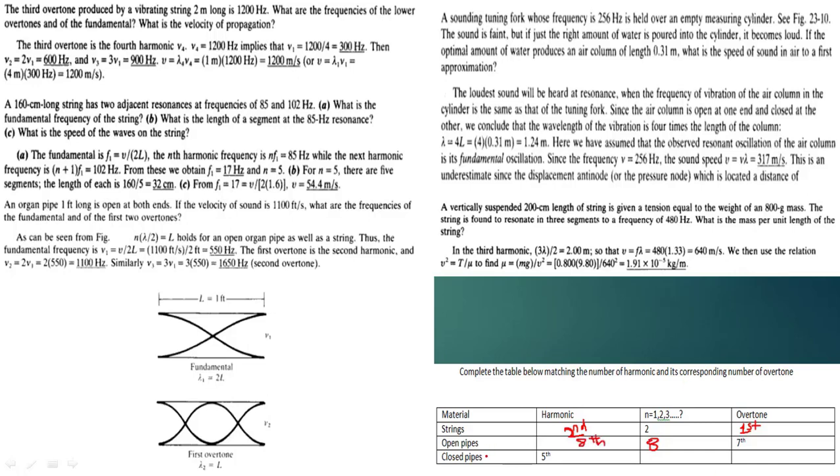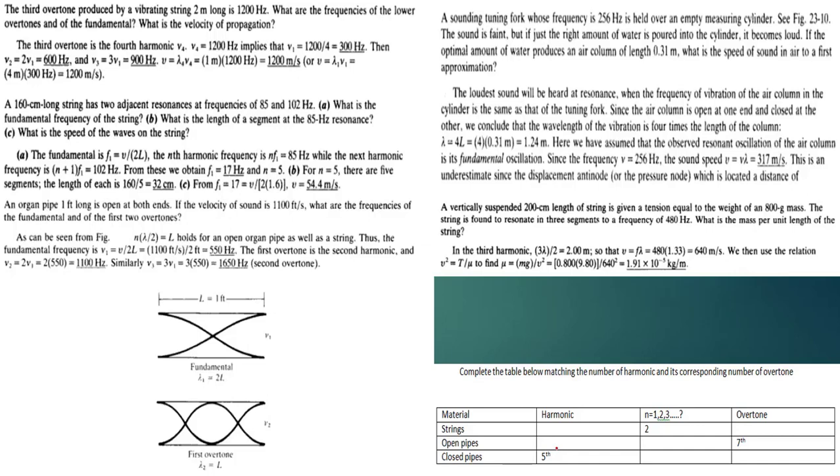For closed pipe, it follows the sequence n is equal to 1, n is equal to 3, n is equal to 5, n is equal to 7, going in twos like that. So having the 5th harmonic in the closed pipe, we don't have second harmonic, we don't have 4th harmonic, we don't have even harmonics. You cannot hear someone in a closed pipe talking about second or 4th harmonic.